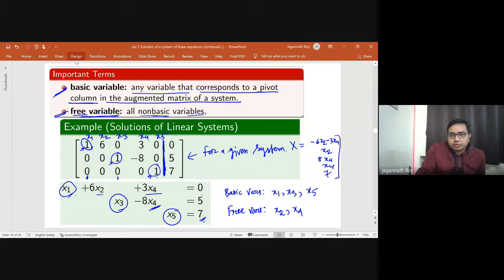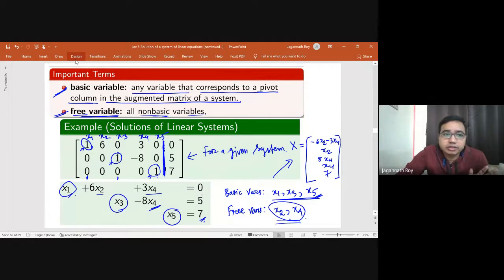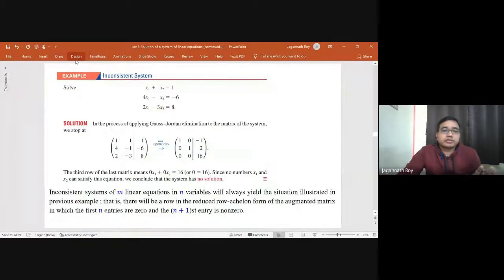So for this particular system of linear equations, we will have this solution. These are the free variables, you are free to choose them, and these are the basic variables. Depending on this, you will get these values. So that's the case of many solutions.